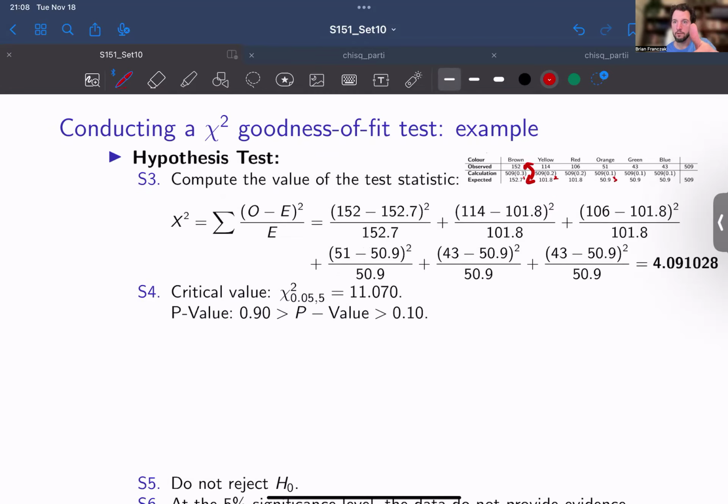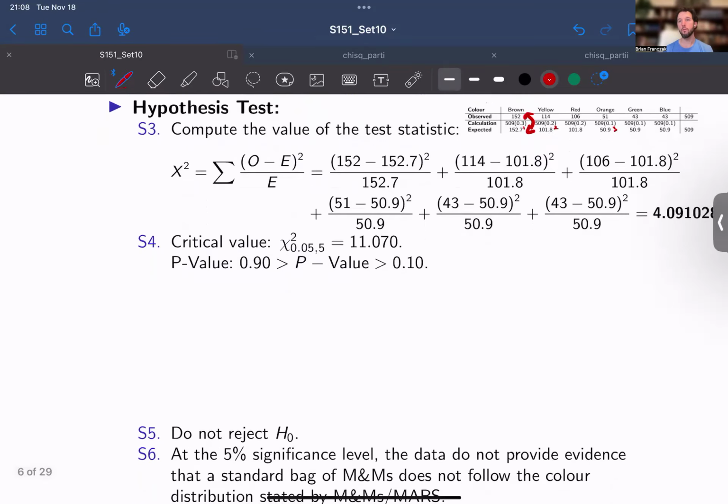So the observed 51 minus the expected 50.9 squared divided by the expected. And then the same thing for green and blue. So we're making that calculation C number of times, and then we're adding across all those fractions. So in this case, when I do the math out, I end up with 4.091028. So this is the test statistic for this chi-square test.